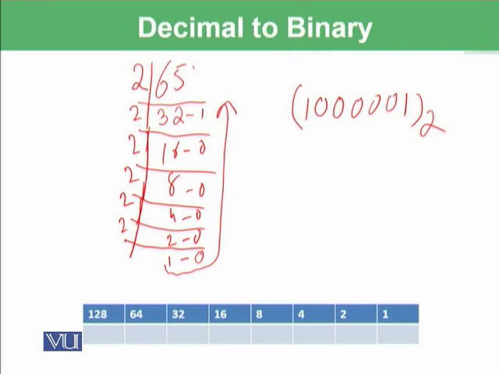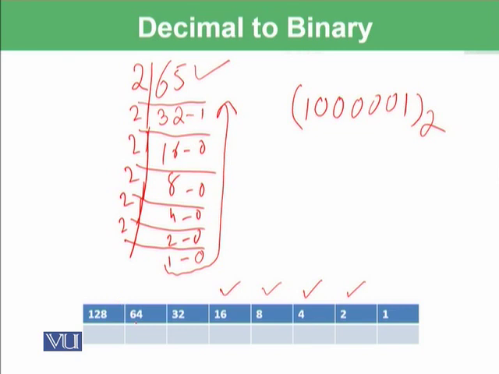You can see that it is 65, and I have written a table which is a power of 2. 2 raised to power 1 is 2, 2 raised to power 2, 2 raised to power 3, 2 raised to power 4, and so on. We want to make 65.